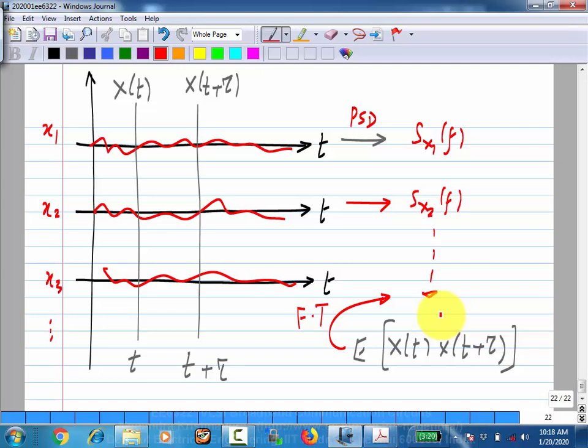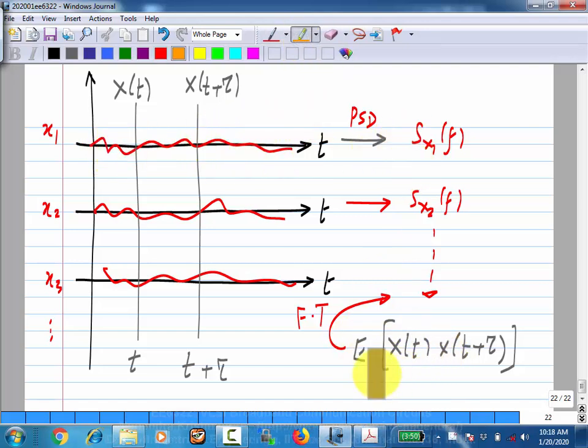So again, that gives you an idea that whatever we calculate from this doesn't look like your conventional Fourier transform. You take some weird function here and then you take the Fourier transform of that. But it is related to it. Meaning if you consider the power spectral density of each of them and then average them, you will end up getting the same as the Fourier transform of this autocorrelation function.